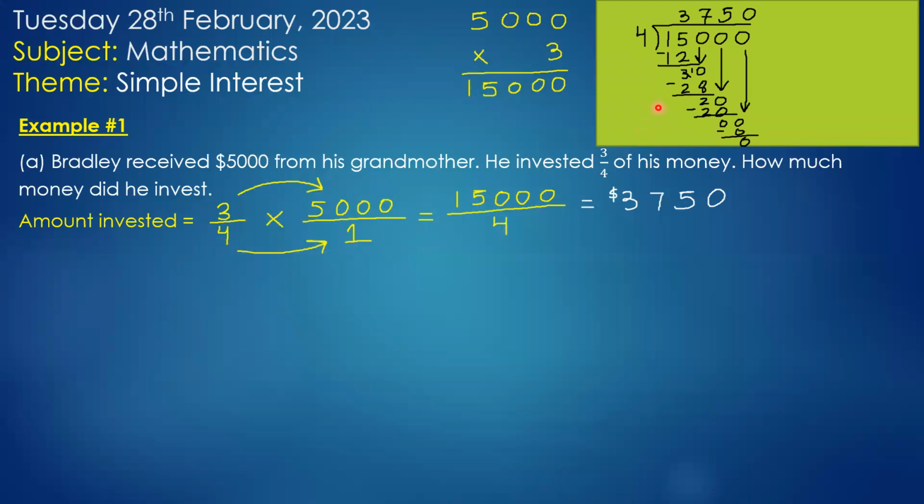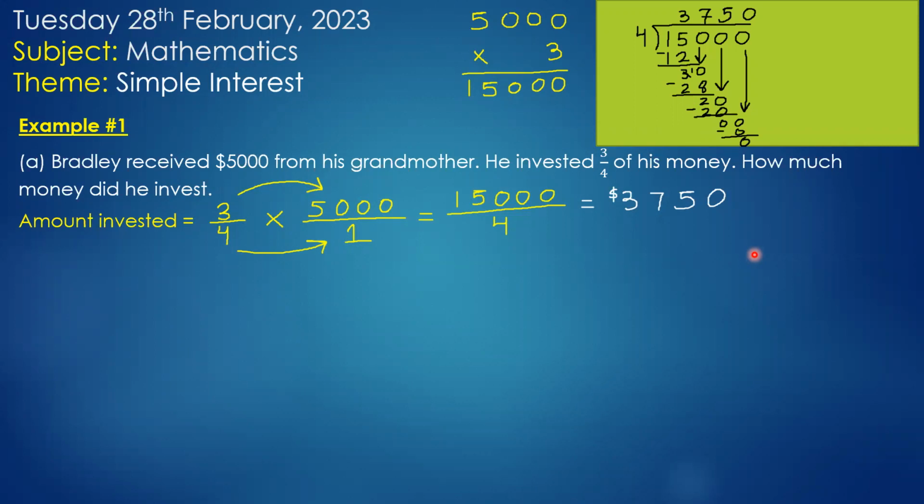Then we divide, because the bar means divide, and we get 3,750. You have to know how to divide. I know for some of you it's difficult, but you have to get familiar with dividing by hand. Otherwise, you will not do well in your exam.